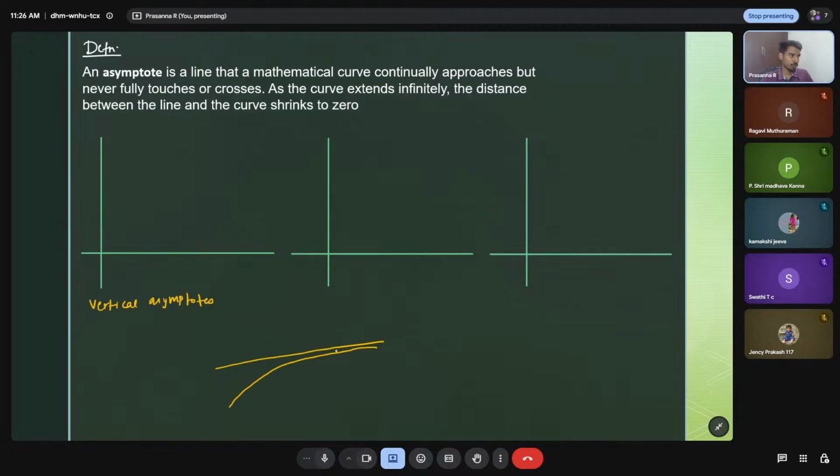It has some positive slope. Suppose this line is a vertical line, then that line is a vertical asymptote to the curve, right? So the first asymptote classification is the vertical asymptote, and the second one is the horizontal asymptote.